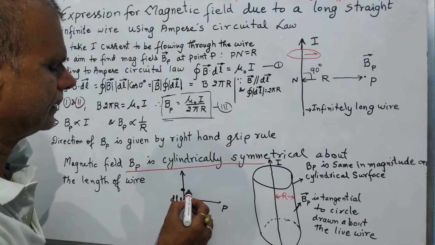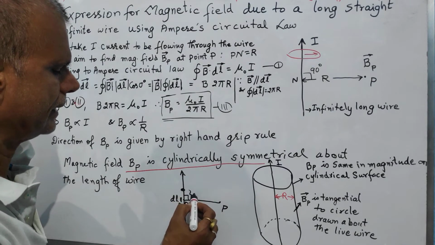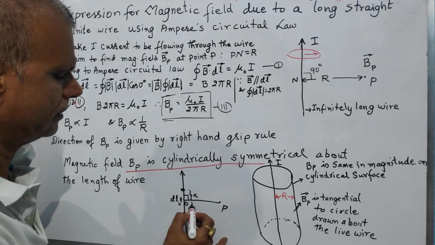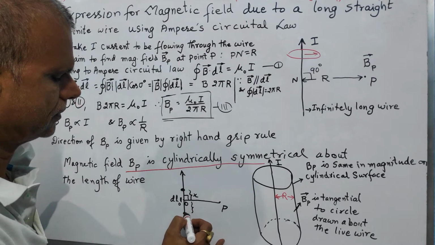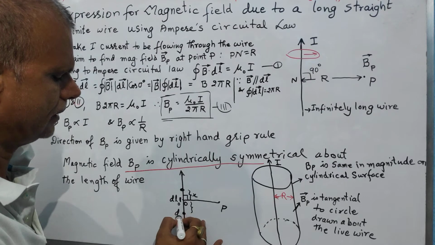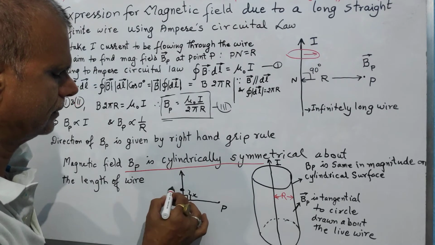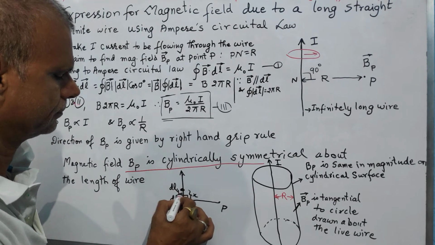If we consider a current element at x distance on the upper side, we must also find a similar current element at the lower side.